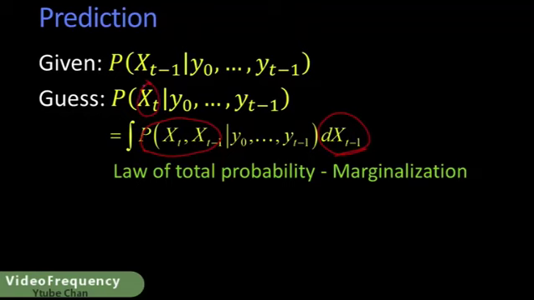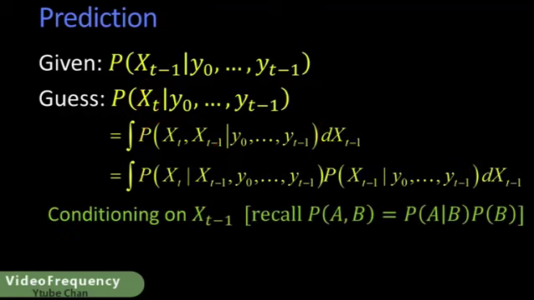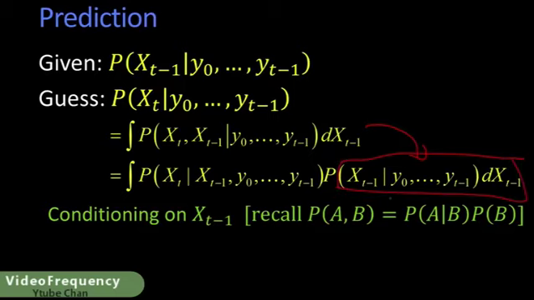So that's the marginalization. And the reason we do that is we can then break that integral up into the following. You might remember the conditioning: probability of A and B is the probability of A given B times the probability of B. That's what it says down here. So I've just broken this integral up into this, where here's the probability of xt minus 1 given everything up through t minus 1, and I multiply that times the probability of xt given xt minus 1 and everything else.